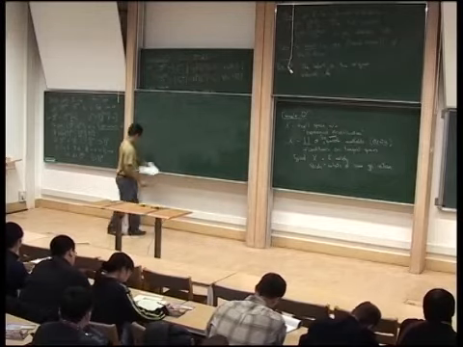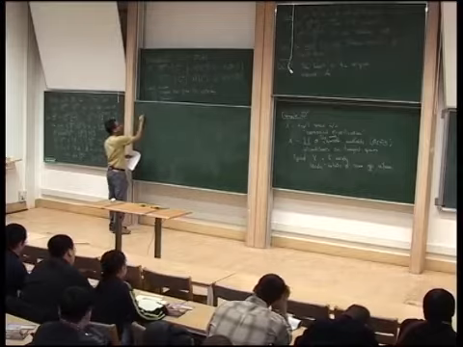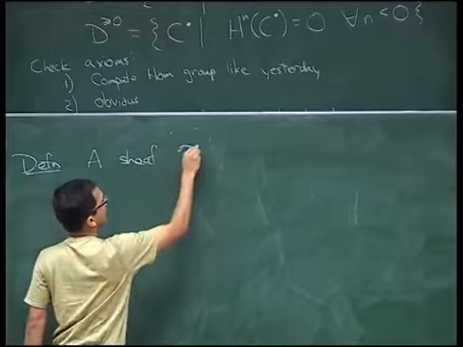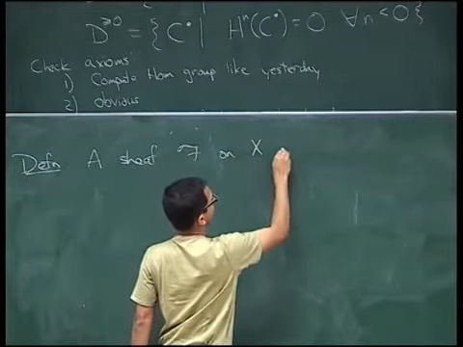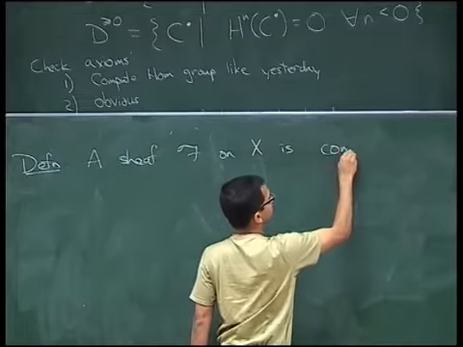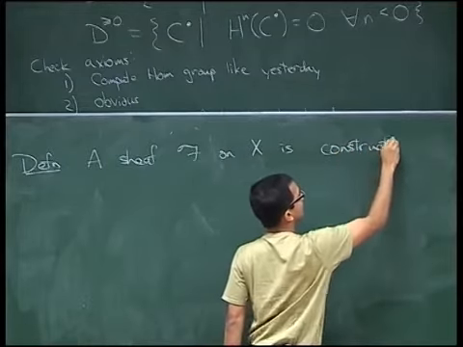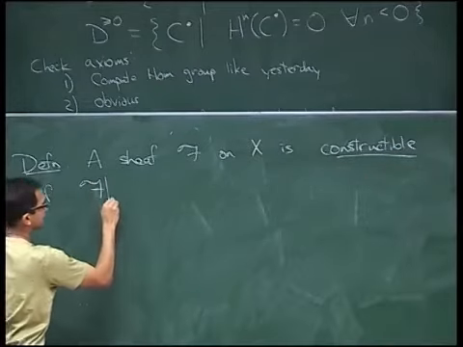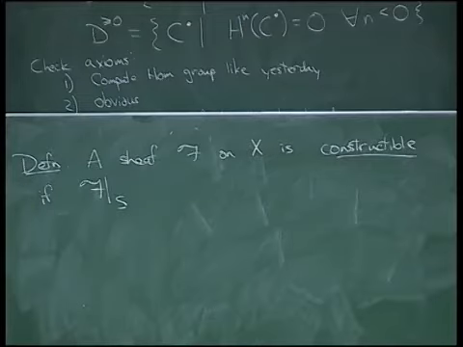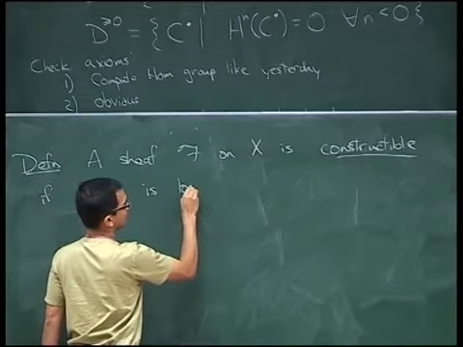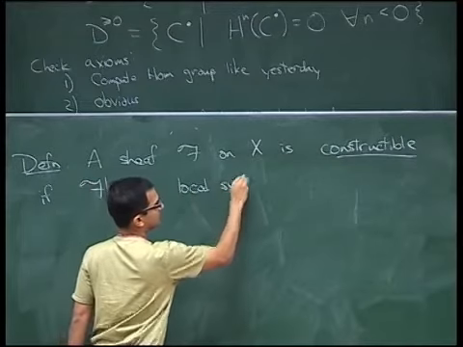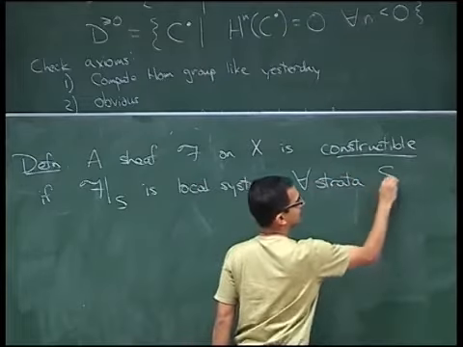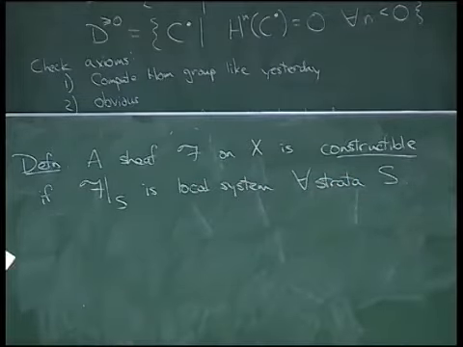Okay, and then here's a definition. A sheaf F on X is said to be constructible if its restriction to each stratum S is a local system. So this is for all strata S. Okay.